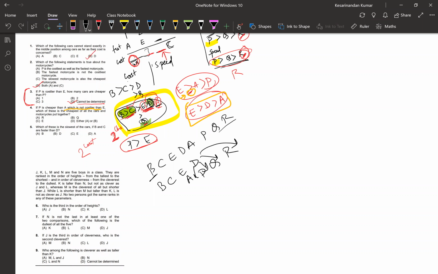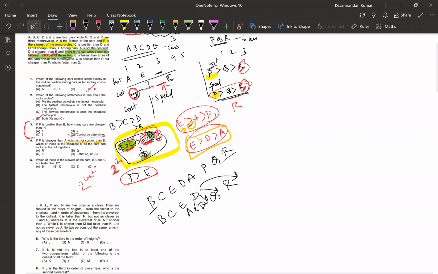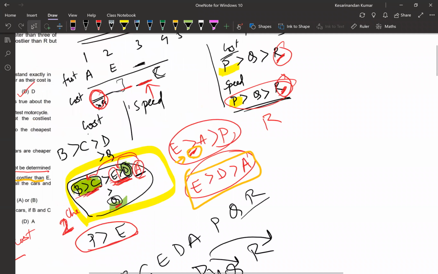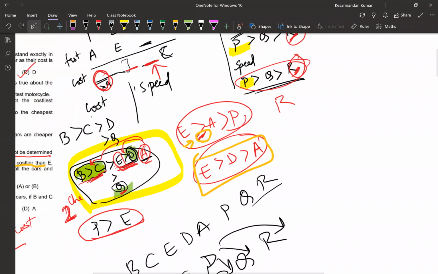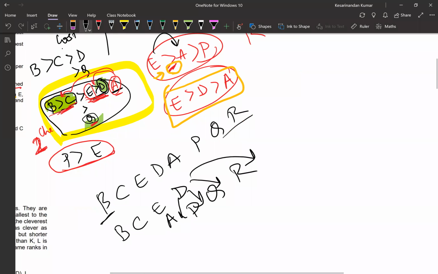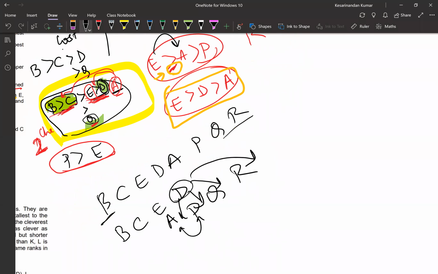Does everybody understand this statement? Let me tell you why. What we have is E needs to be either greater than or equal to A, and A will be greater than P. Nothing is mentioned about D. So we can have D at any order.